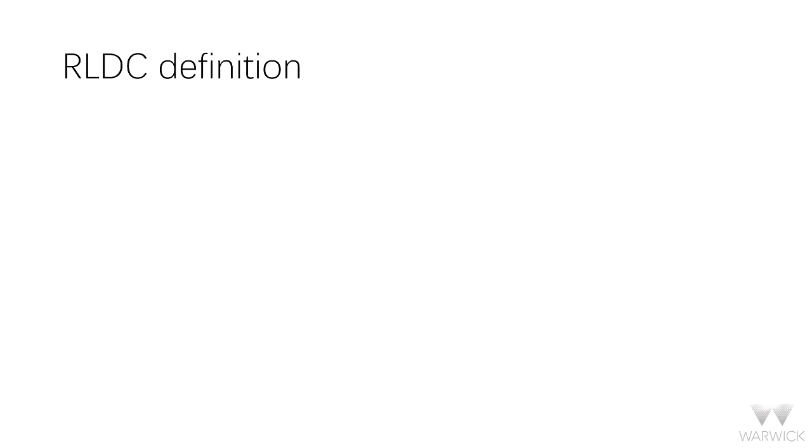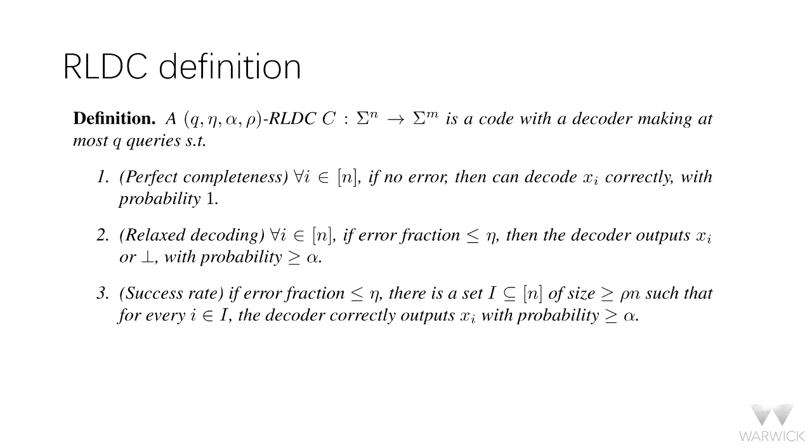Here we can see the exact definition, which is similar to the graph on the previous page, with a little difference. This definition is a stronger version, the strong relaxed LDC definition. The difference is only in the third property.